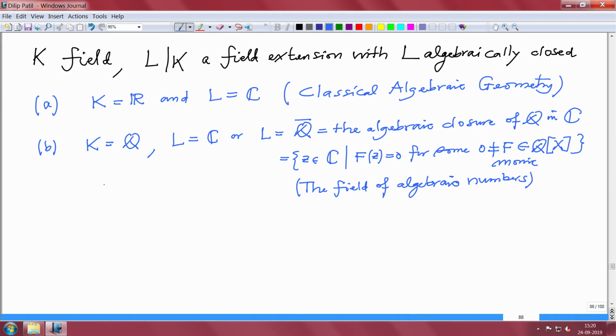So, if you take K equal to Q and L equal to Q bar, this is a very famous and upcoming, very front line research area in algebraic geometry, which is also known as arithmetic geometry, because it arose from the arithmetic of numbers, the numbers which arose from natural numbers, integers and the rational numbers.